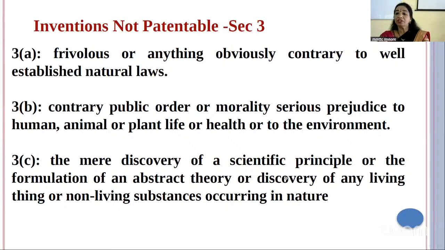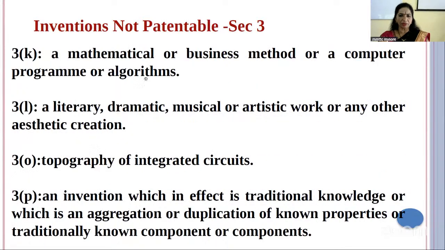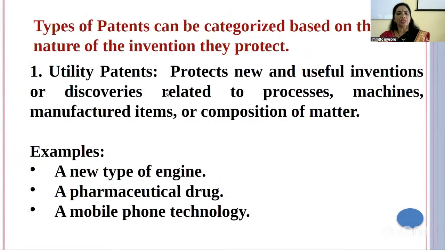And the mere discovery of a scientific principle or the formulation of an abstract theory, you are not going to be given permission to patent. Suppose you are writing a theoretical formulation on any living thing or non-living substances which occur in nature, you cannot patent that. Okay, not patentable. So many things are there. I will just skip it.